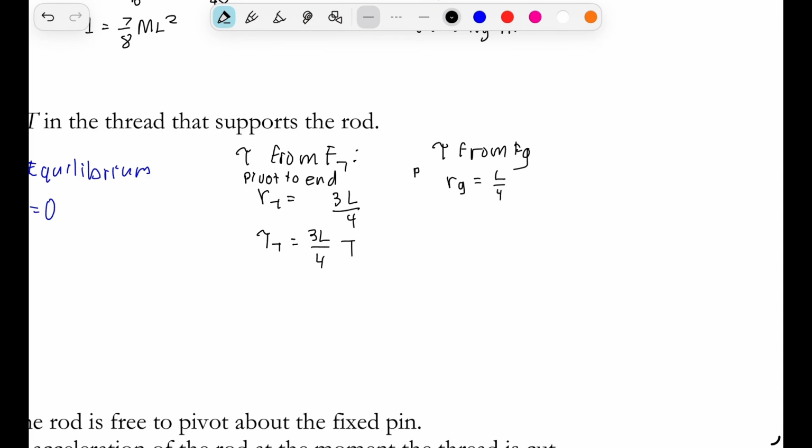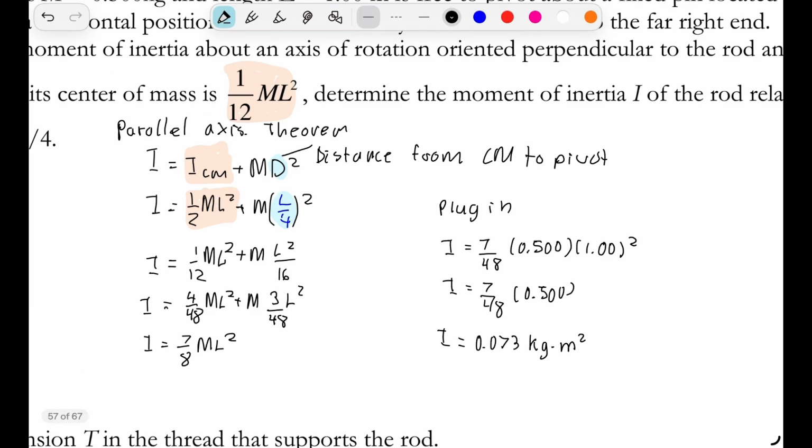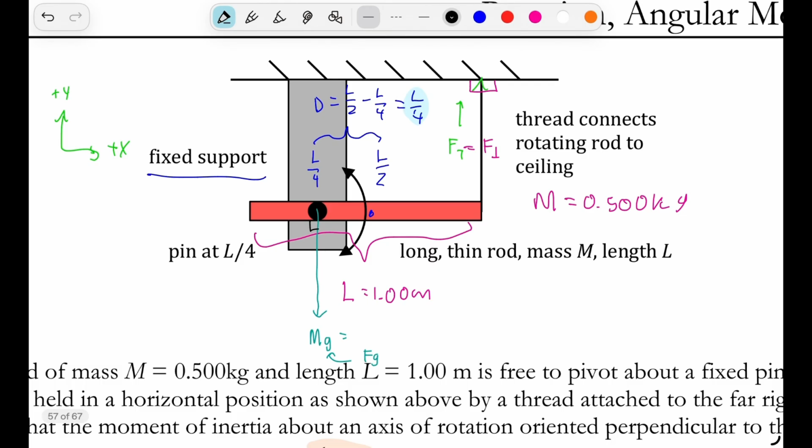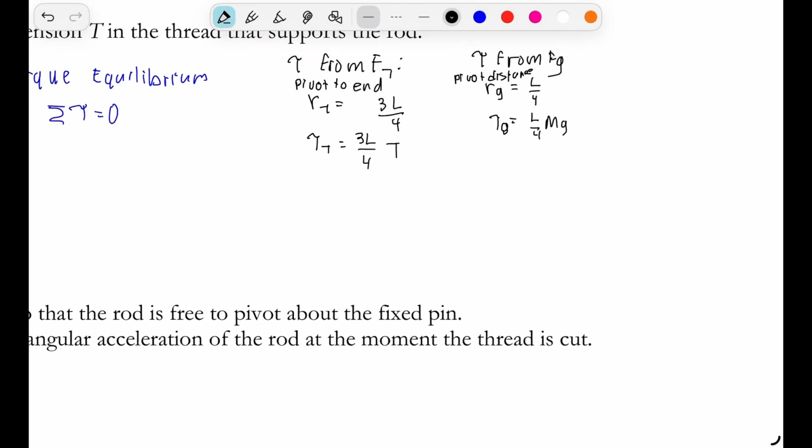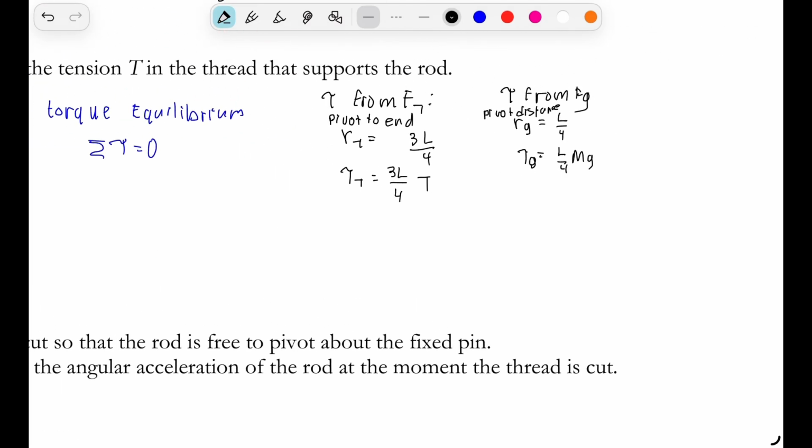So we can write R of G is equal to L over 4. That is going to be the pivot distance. So the torque of gravity is going to be L over 4 times mg. That's because this is also at 90 degrees, and Fg is going to be perpendicular.